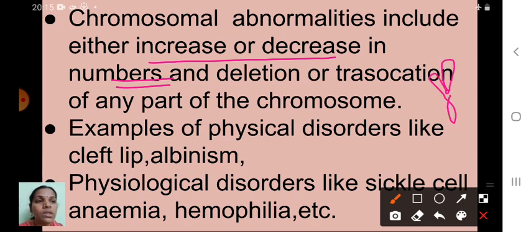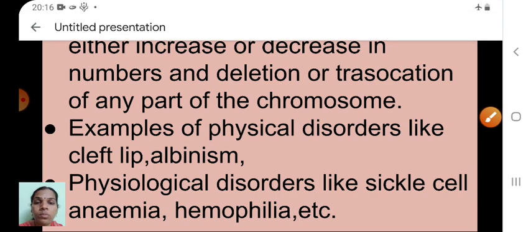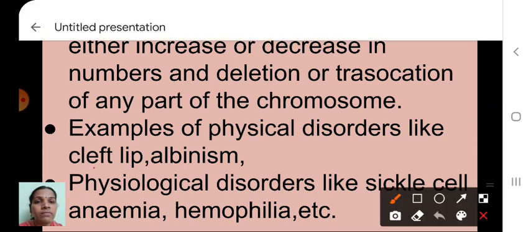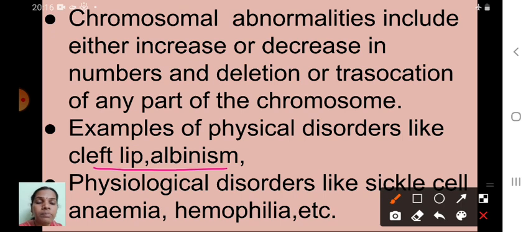See here, children, this is the chromosome structure. So chromosomal abnormalities happen through either increase or decrease in numbers, or deletion or translocation of any part of the chromosomes.